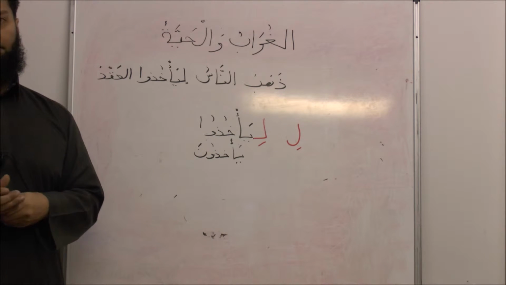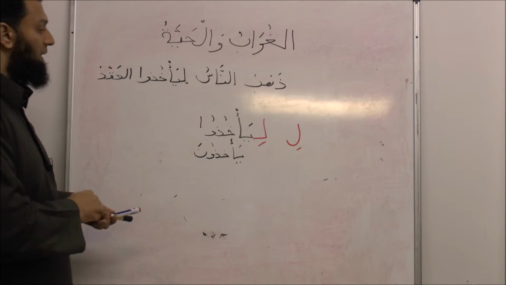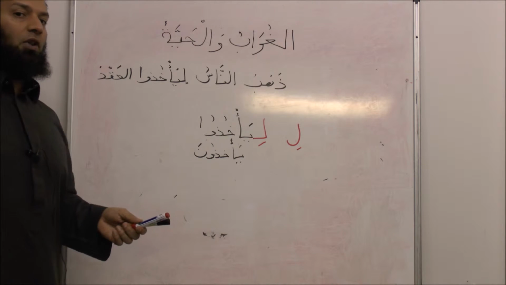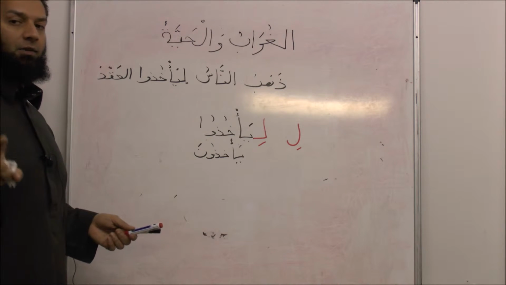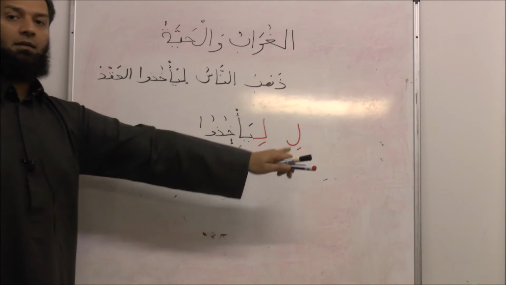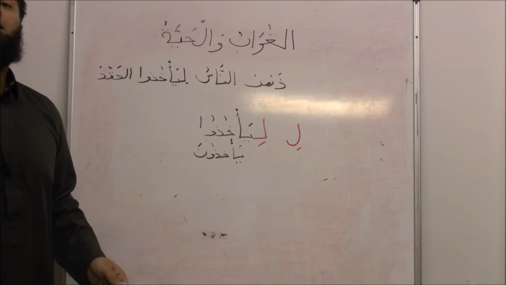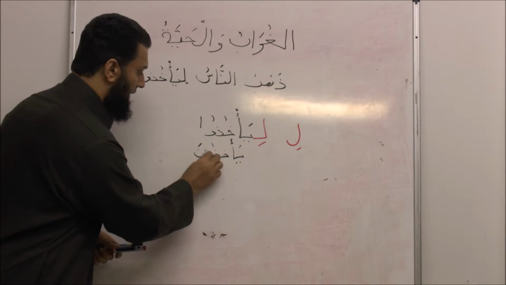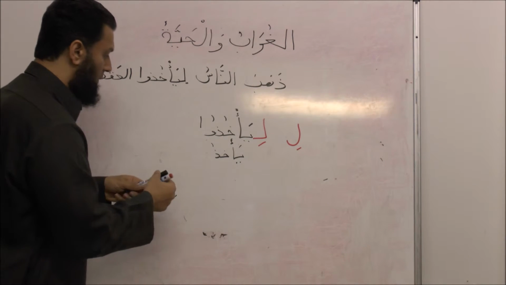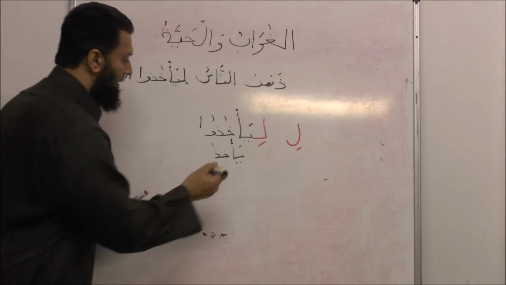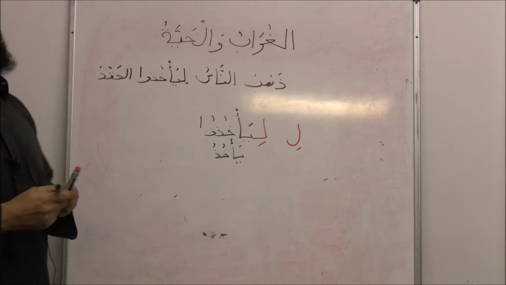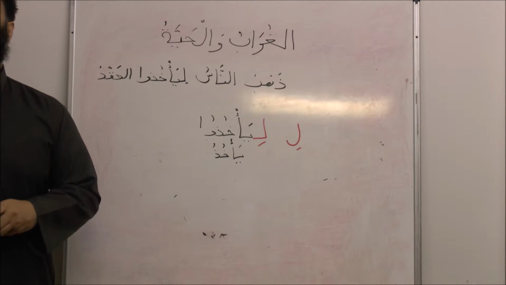Like li, if li comes before a present tense verb which is plural, third person, then you drop the noon and add the alif. Now, how do we say he takes, not they take? Present is ya'khudu.